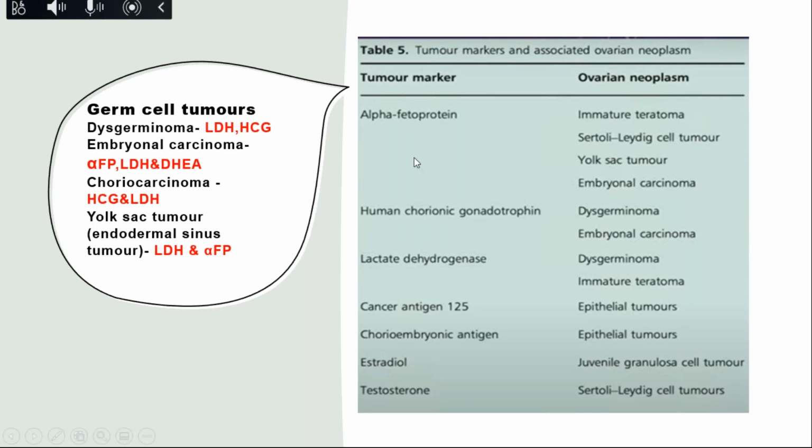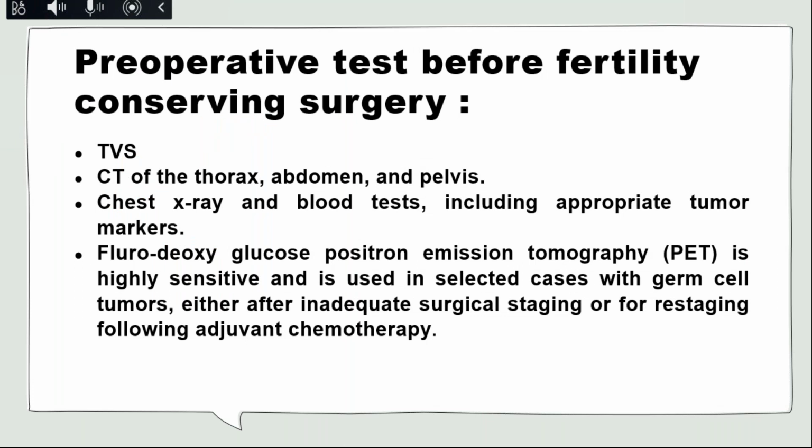Okay. So the next slide is showing that in the preoperative period, there are some tests we must do. And we all know from the Green Top guideline that in premenopausal women, if there is an ovarian mass, we have to go through some process, and in postmenopausal women, we have to go for CA125 and then TVS, etc. Along with that, regarding the age or the menopausal status, we have to do some tests also like TVS, the CT scan of thorax, abdomen and pelvis, chest X-ray and blood tests, and also the PET scan.